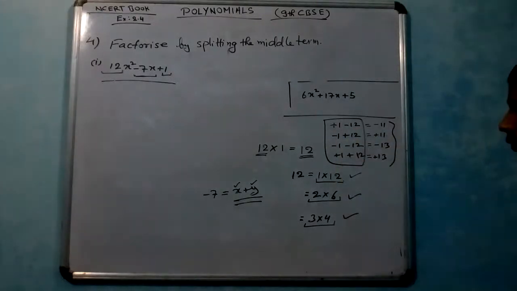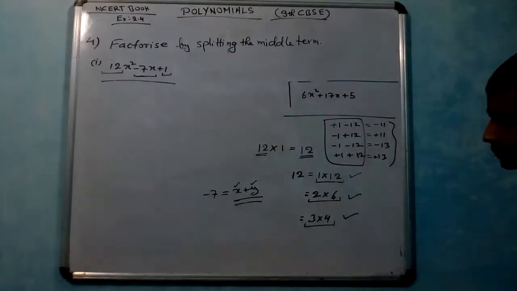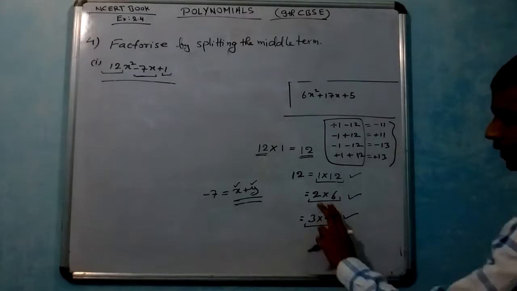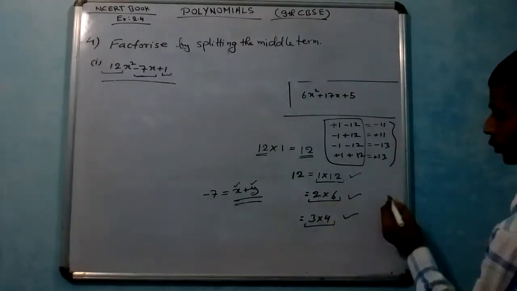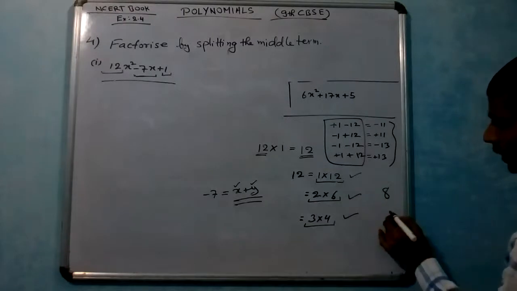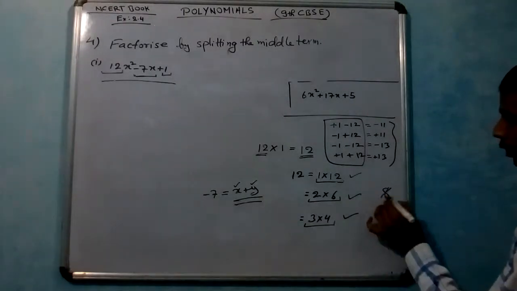Now here, can we get it? Either you add 6 plus 2, 8, or you subtract 6 minus 2, 4. So the maximum we can get is 8, the minimum is 4. We cannot get 7.